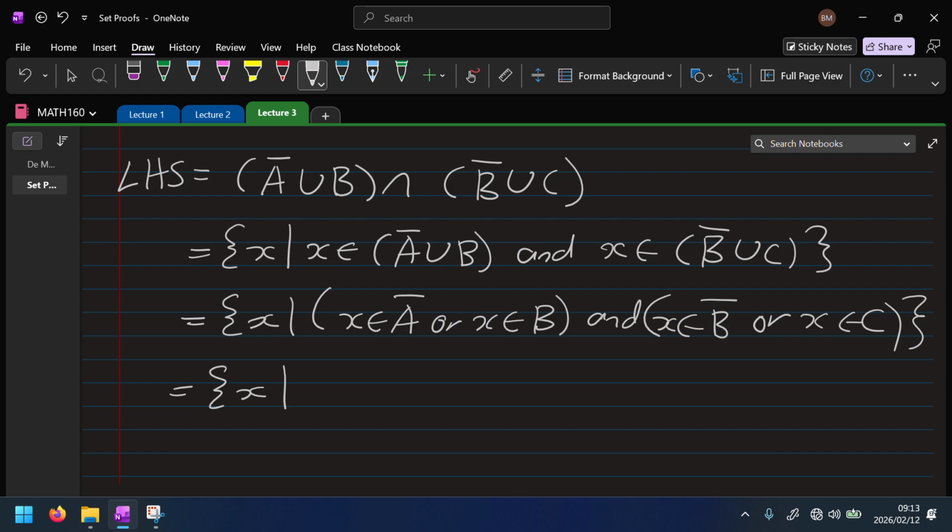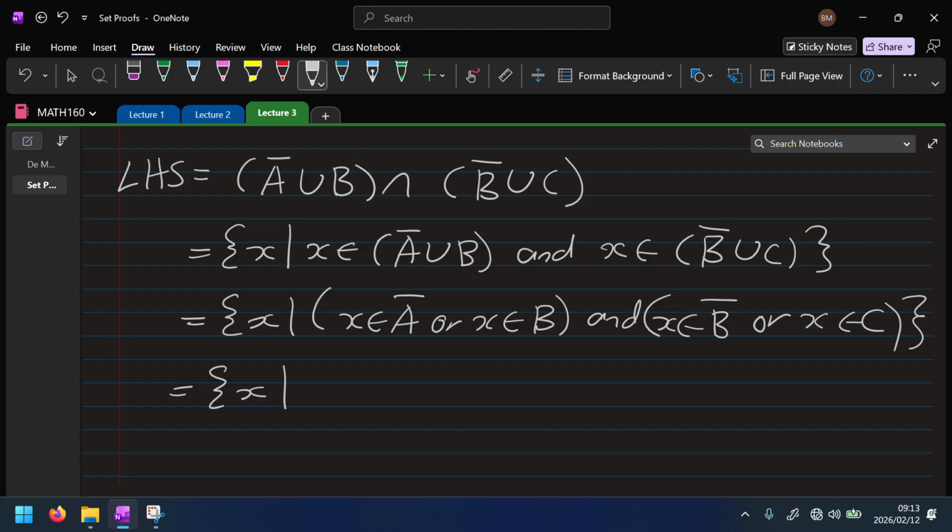Okay, so if X is an element of A complement, or X is an element of B, we have that as one term. And X is an element of B, or X is an element of C. We've got or here, we've got or here, and an and between them. What can we do? We want to expand everything out.